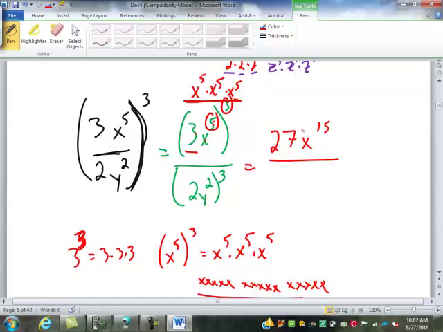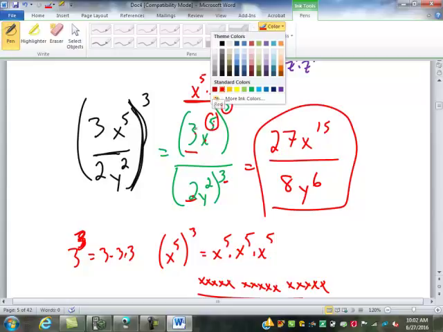So next, down on bottom here, 2y squared to the power of 3. 2 to the power of 3 is, be brave, the worst that could happen is you're wrong, we won't laugh. 8, very good, 2 times 2 times 2. Now y squared to the power of 3 is y to the 6, very good, 2 times 3 is 6.